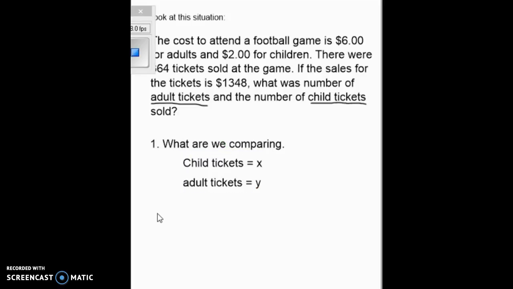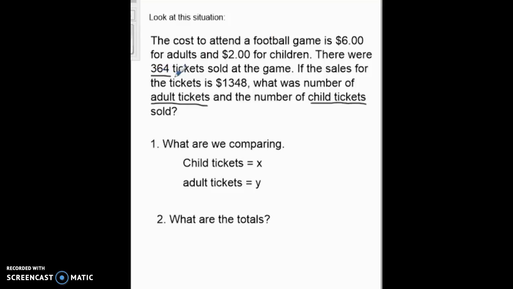So the second question I have kids answer is, what are the totals in the problem? If you look back again in the problem, you see the cost to attend a football game is $6 for adults and $2 for children. We know that those are not totals, that's just a price per ticket. However, if you keep reading, the problem says there were 364 tickets sold.